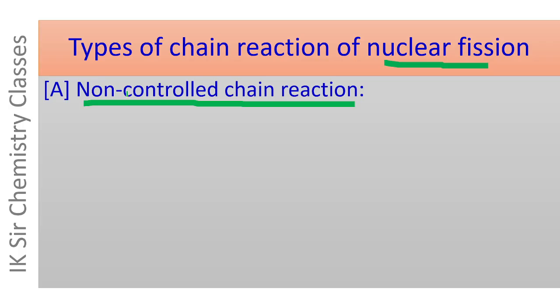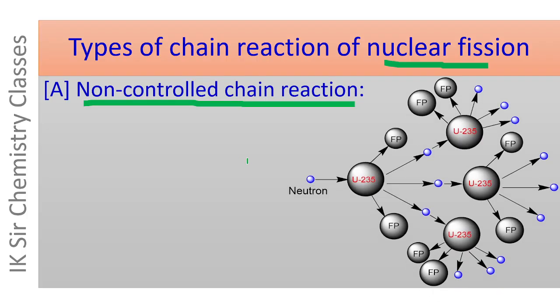And it has been represented diagrammatically here. This is a U-235 nucleus which is being bombarded by a neutron. This nucleus splits up into 2 fission products, and 3 neutrons are ejected during this process.